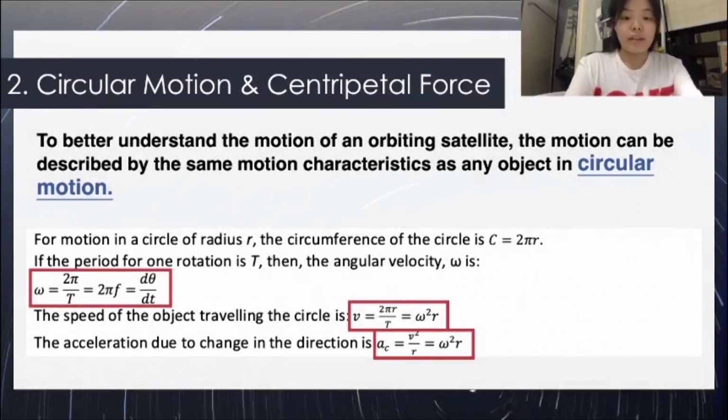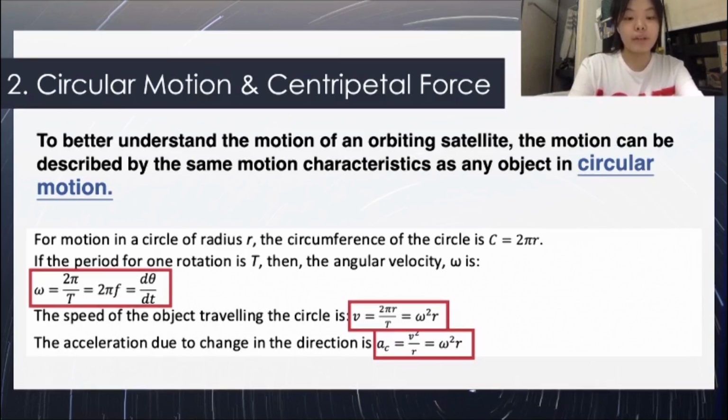To better understand the motion of an orbiting satellite, the motion can be described by the same characteristics as any object in circular motion. For motion in a circle of radius r, the circumference of the circle is C equals 2 pi times r.